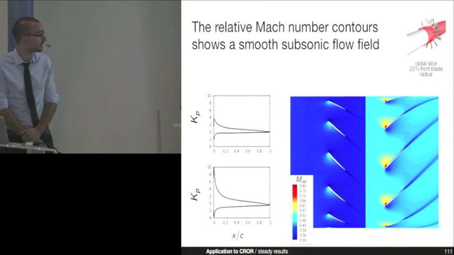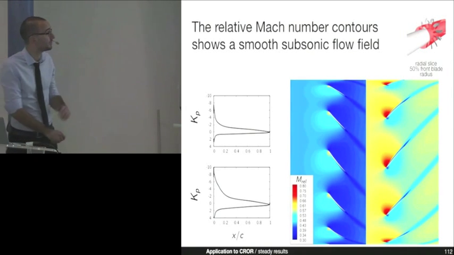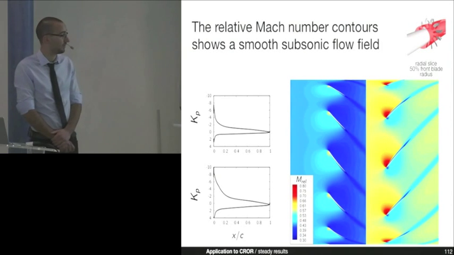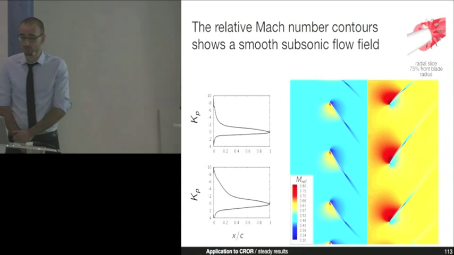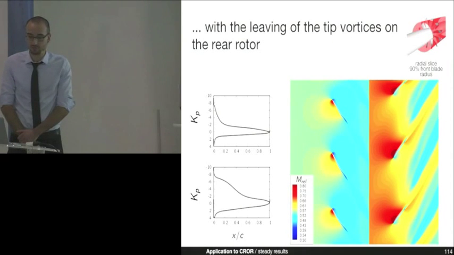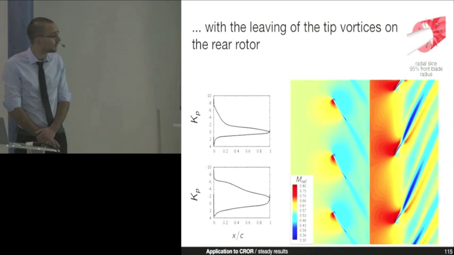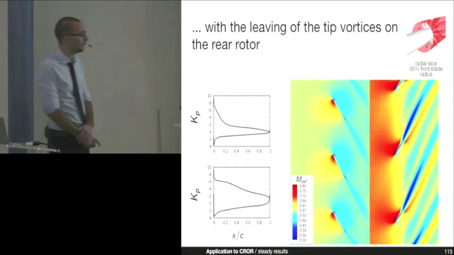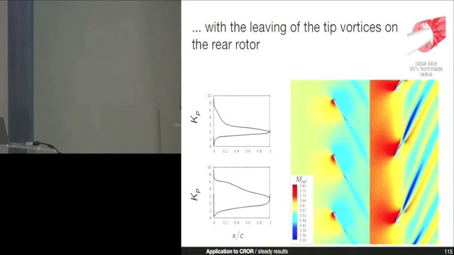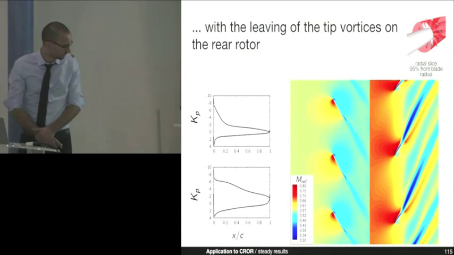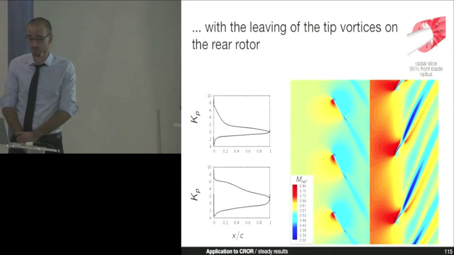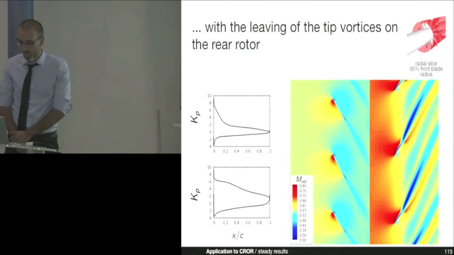This is particularly seen on this slide, which is at 50% of the front rotor blade radius, and this slide. And you can see that between 90% and 95% of the blade height, we have a low velocity spot, which is actually attributed to the leaving of the rear rotor tip vortex.